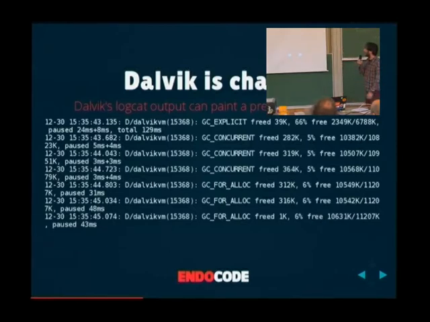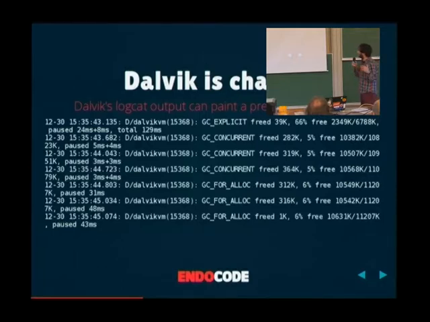The rest are GC explicit. This is when you call the garbage collector explicitly. You can do that in your app, or the framework can do that. For example, when a binder connection gets dropped, it runs a garbage collection.